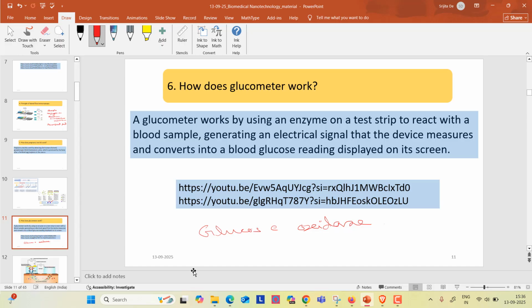Glucose oxidase enzyme is present, and when we give a blood sample, the glucose oxidase hydrolyzes the glucose present in our blood sample. The enzymatic reaction happens there and generates an electric signal that the device measures. So it is an electrochemical based point of care device.